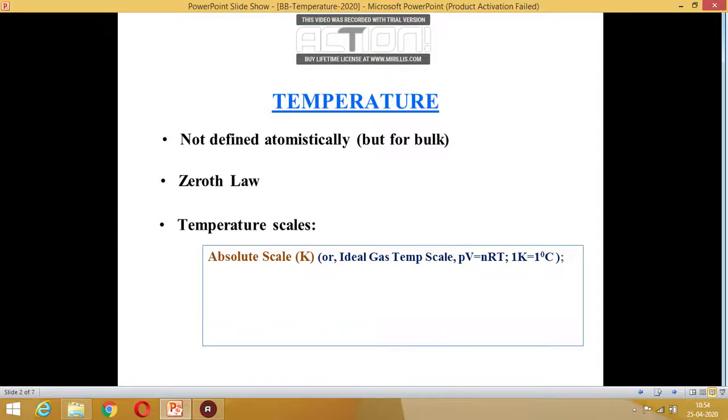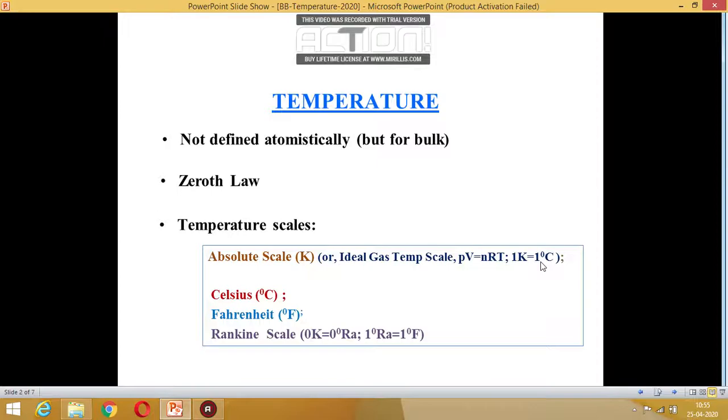Apart from this absolute temperature scale, we have the Celsius scale, and then the Fahrenheit scale, and also a not so popular scale referred to as the Rankine scale, in which 0 degree Kelvin is equal to 0 degree Rankine, but 1 degree Rankine is equated with 1 degree Fahrenheit. Whereas in the case of Kelvin, 1 degree Kelvin is 1 degree centigrade.